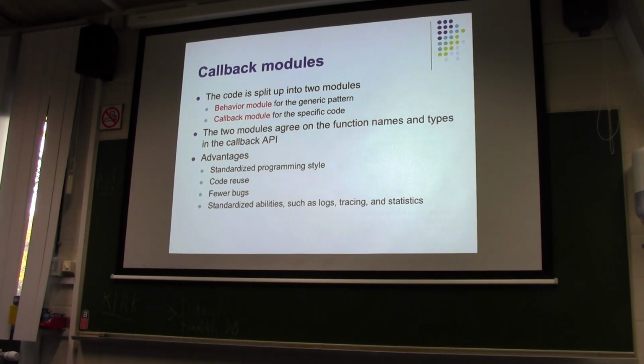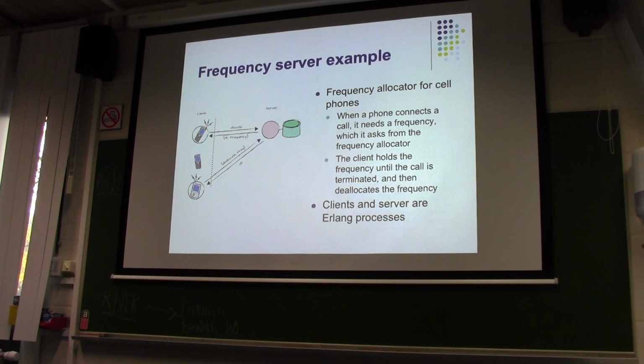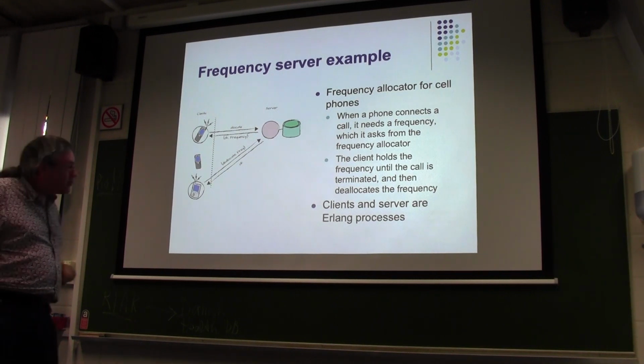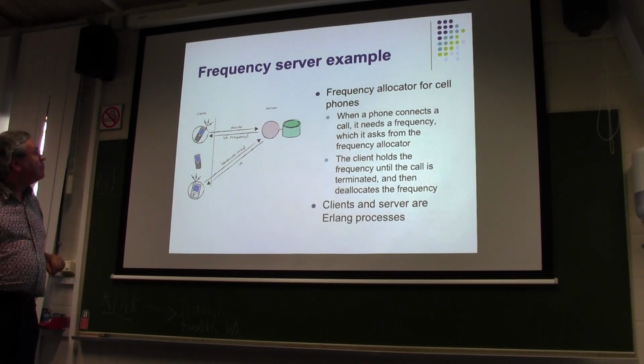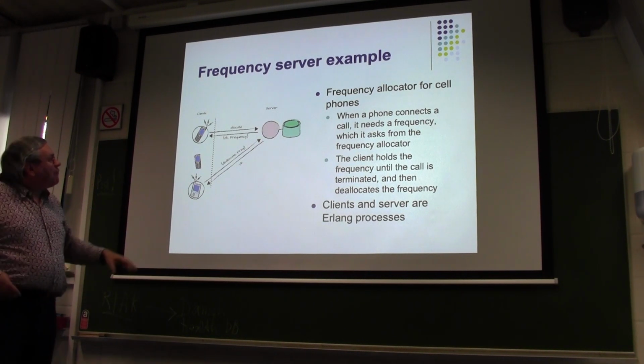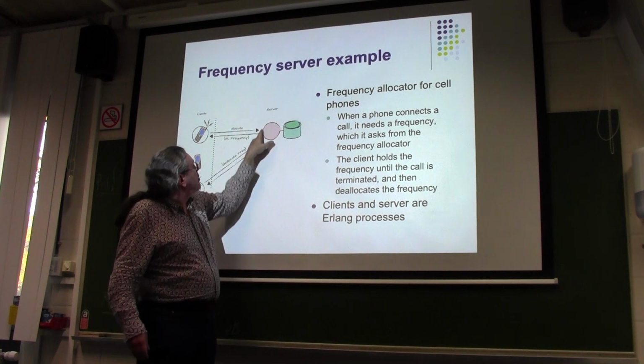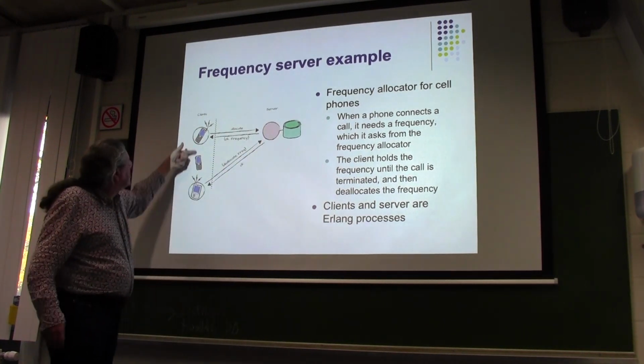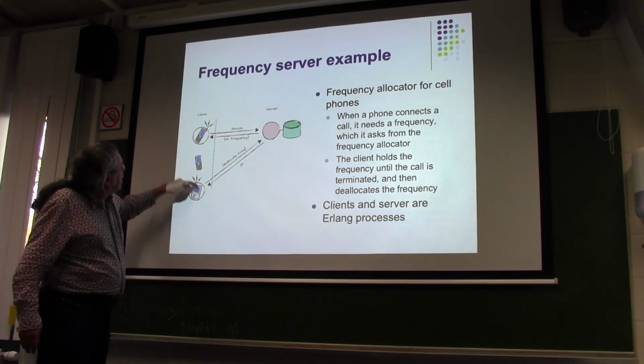I want to do that, but let me do an example. This example actually comes from the book by Francesco Cesarini and Steve Vinoski, so the figure comes from there. I want to do a frequency allocator. Here's my server, and here are clients. These are little Erlang processes.